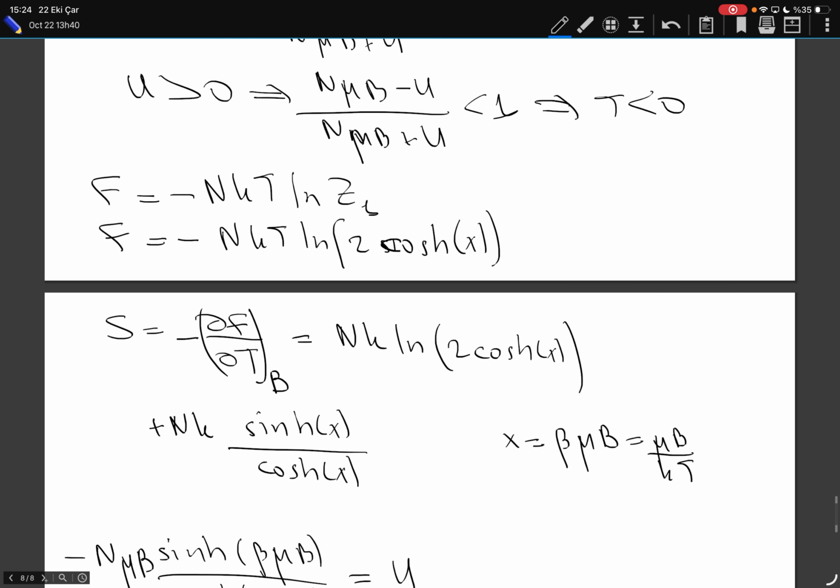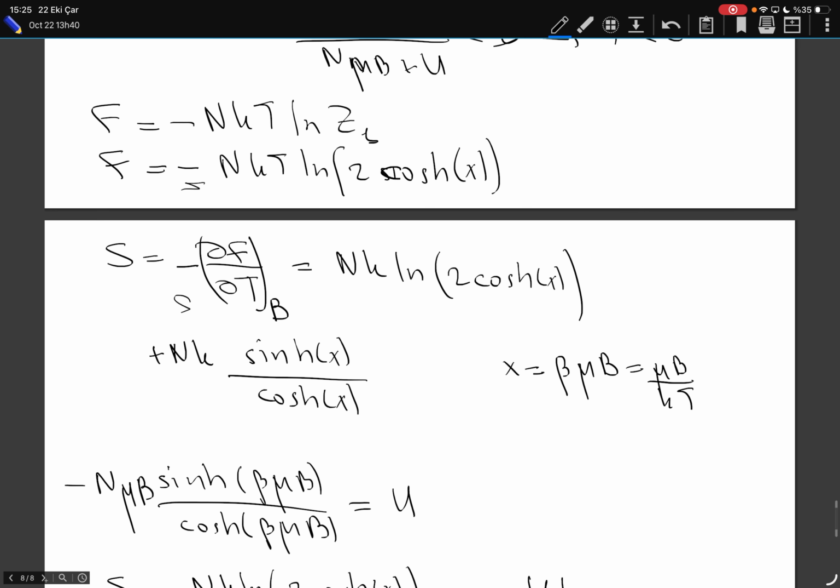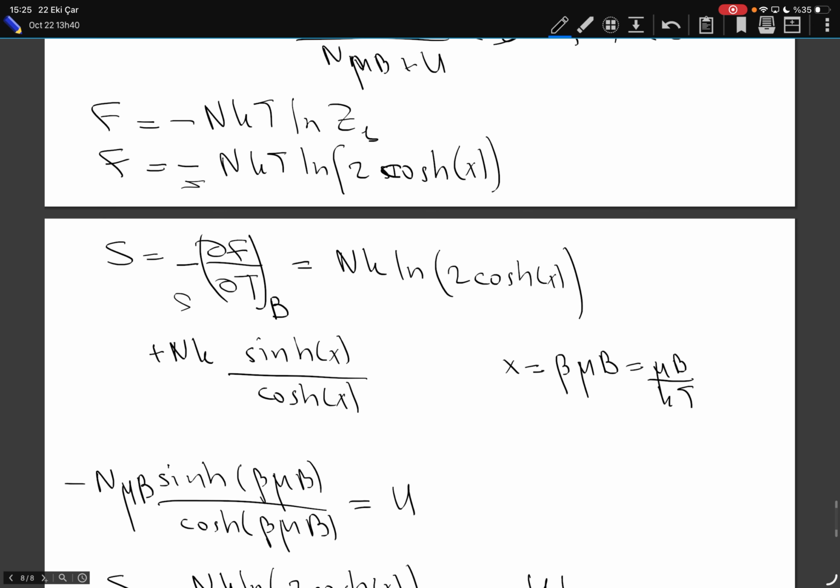That derivative, this minus cancels this one. I have N k times the logarithm. Then I have N k T over here times sine hyperbolic over cosine hyperbolic. Then I need to take the derivative of x with respect to T, which will be minus mu B over k T squared.